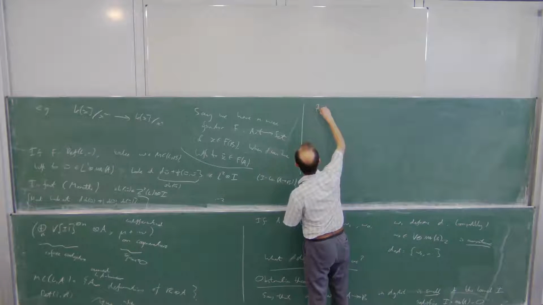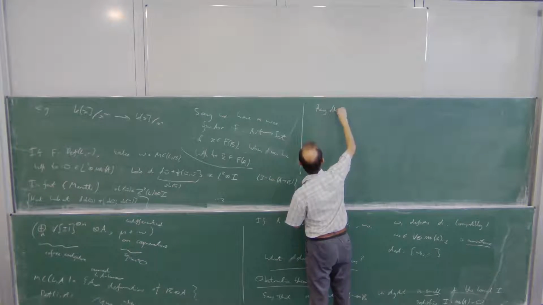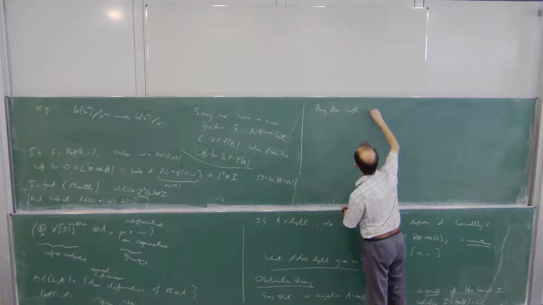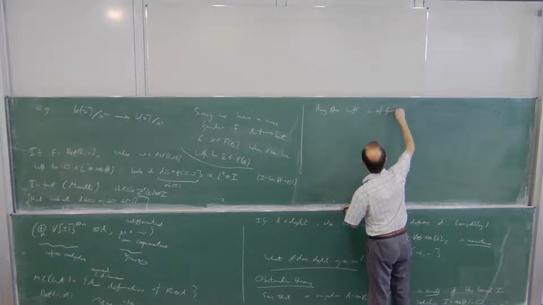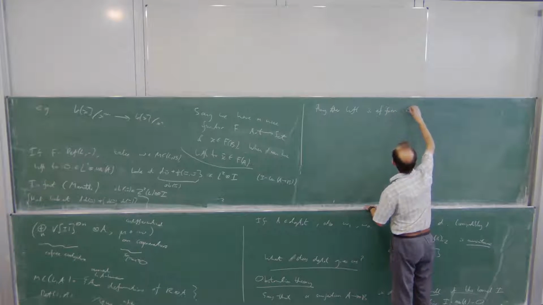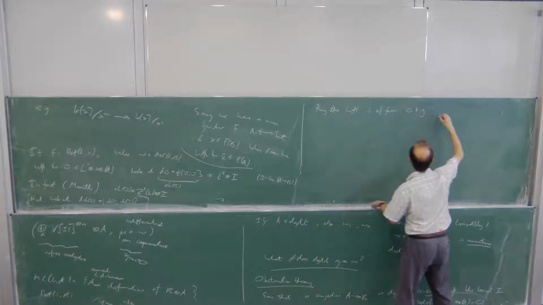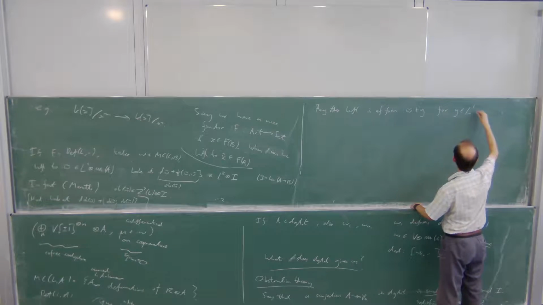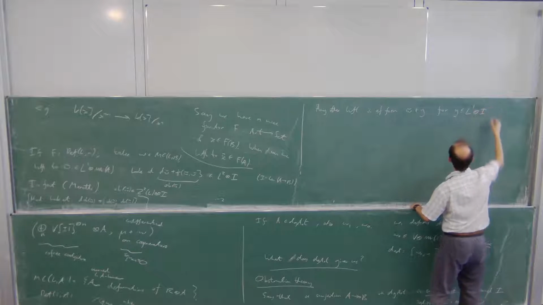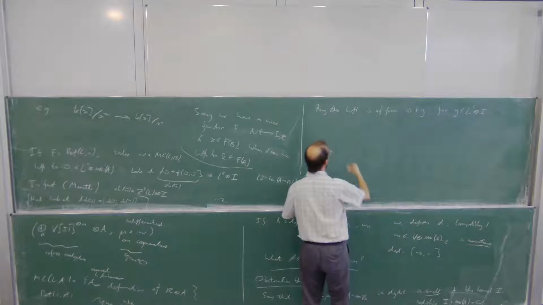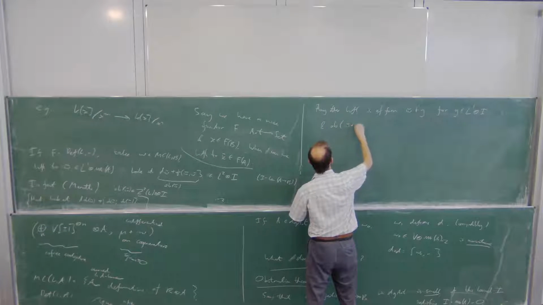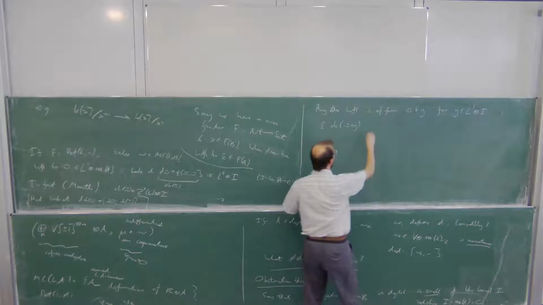Any other lift is of the form omega tilde plus y, with y an arbitrary element of L1 tensor I. And then look at the obstruction of omega tilde plus y.